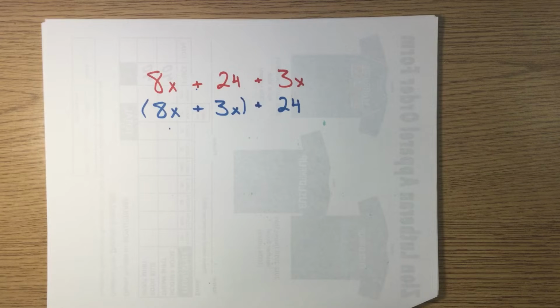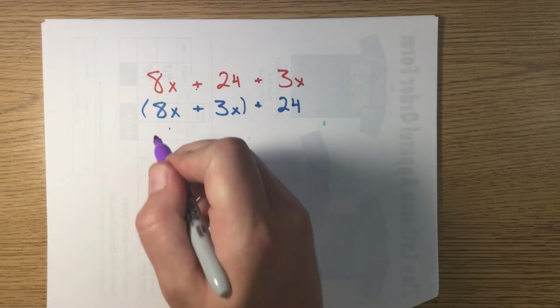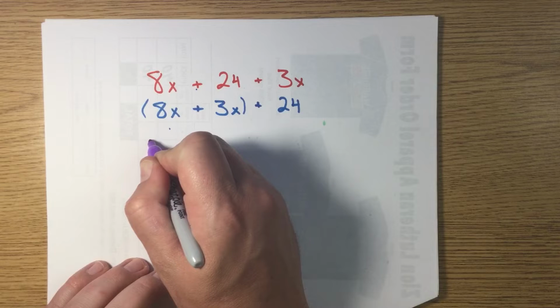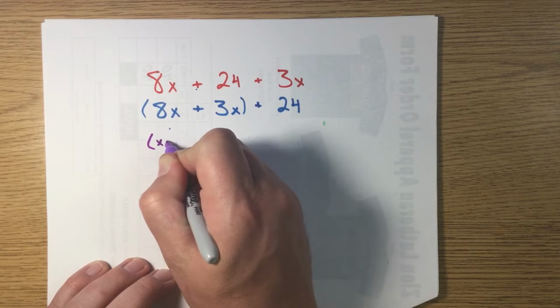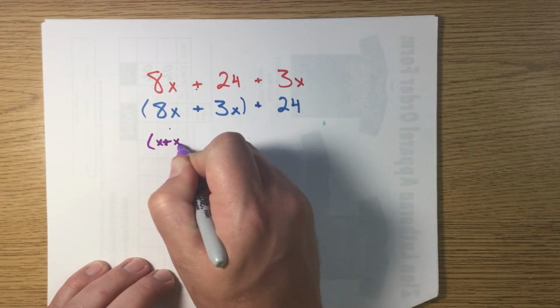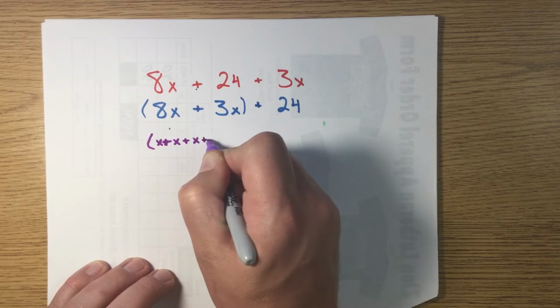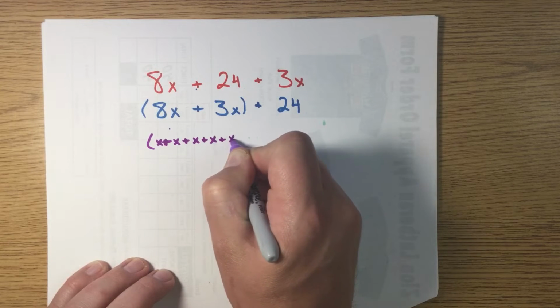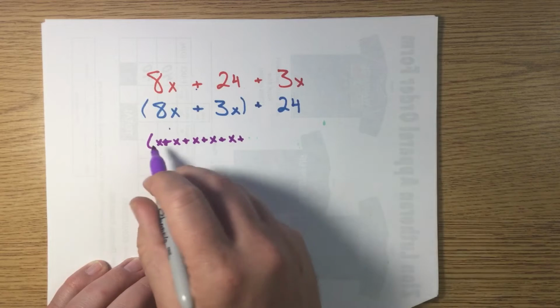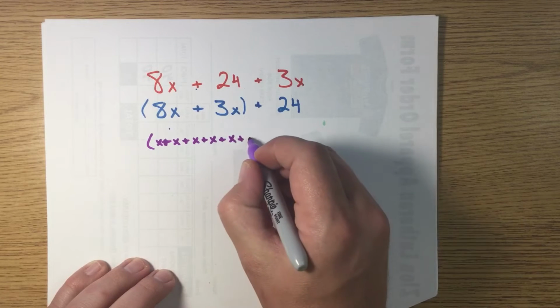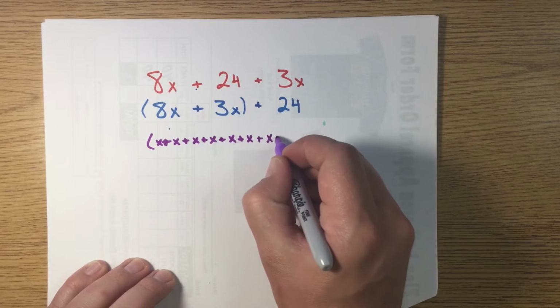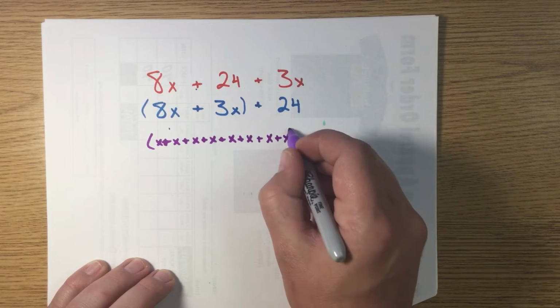Now, in order to combine this, it would not be what I would write on my paper, but I would like to demonstrate it at least. If I had 8 x's, one, 2, 3, 4, 5, 6, 7, 8.